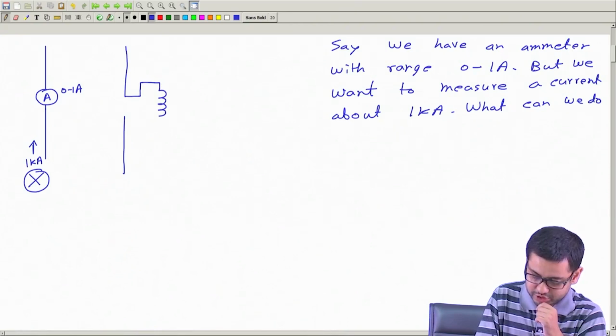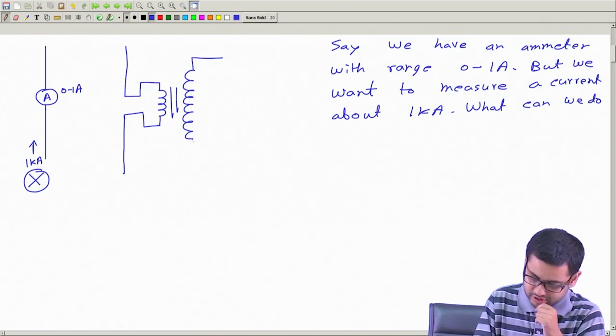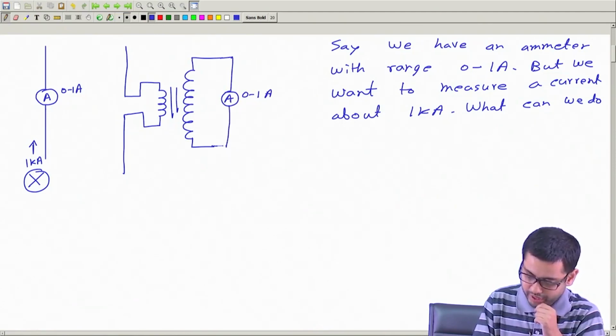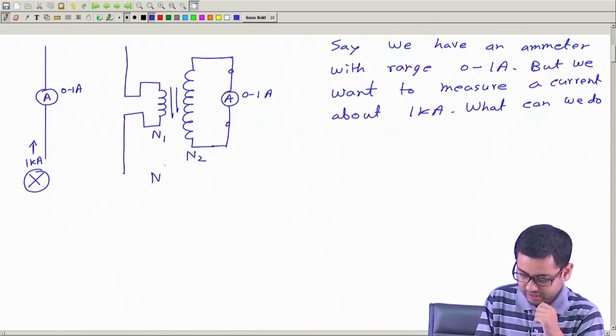The primary side of the transformer will be connected like this, and the secondary side we will connect to this 0 to 1 ampere ammeter. And now we choose the ratio N1 by N2, primary number of turns and secondary number of turns, such that N1 by N2 is equal to 1 over 1000.